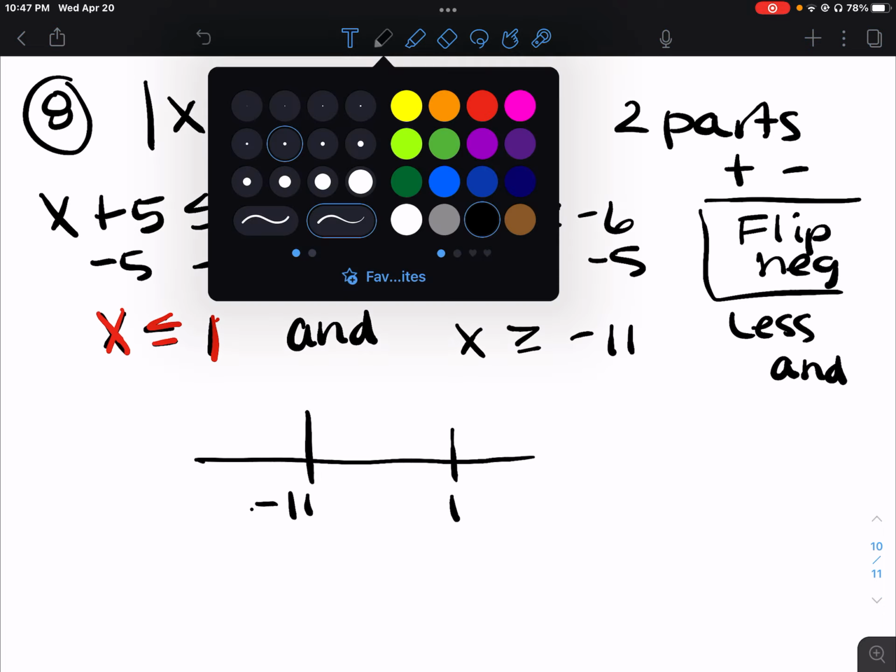Okay, 4 is the smaller number, greater than 14, not include, less than 4 is on the left. We read these left to right. Okay, negative infinity to 4, 14 to infinity.